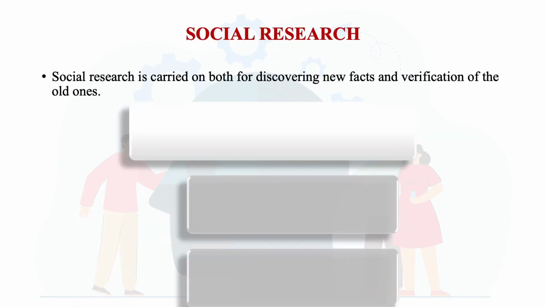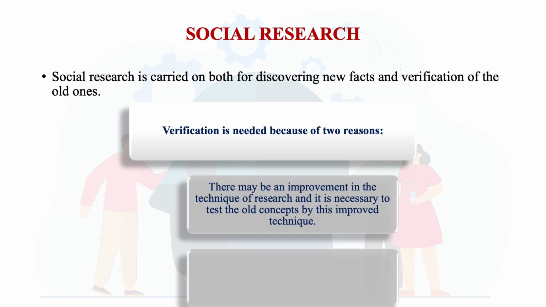Social research is carried on both for discovering new facts and verification of old ones, as I mentioned. So verification is needed for two reasons. There may be an improvement in the technique of research, and it is necessary to test the old concept with this improved technique.